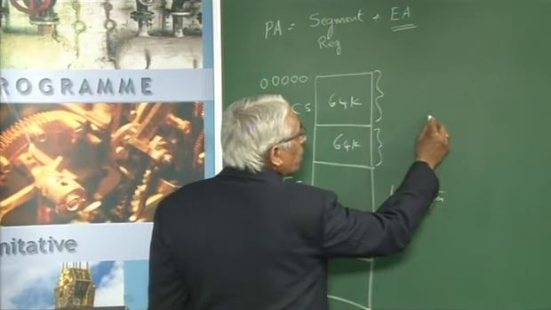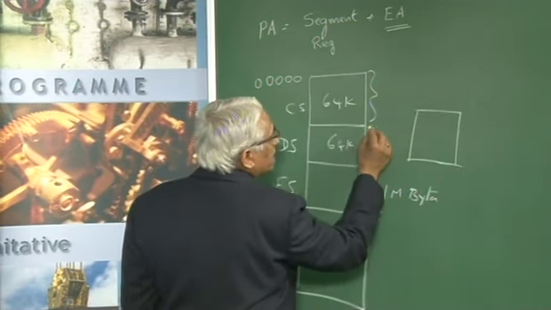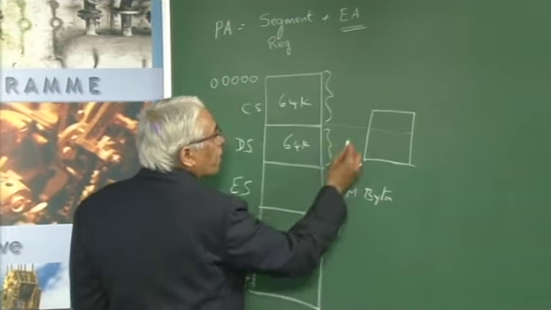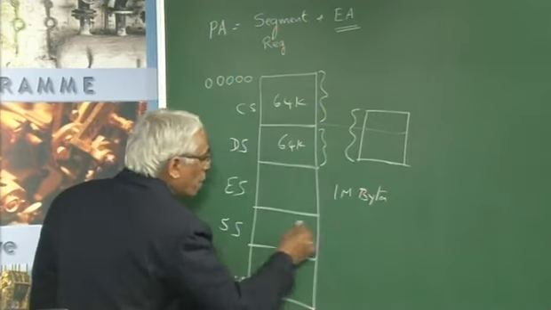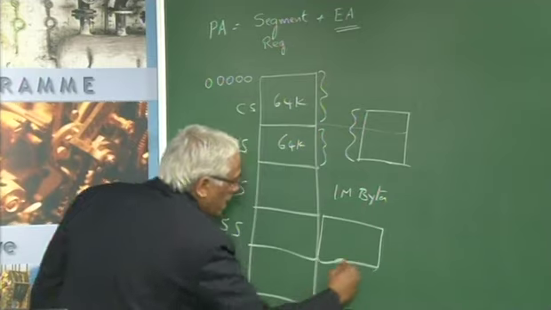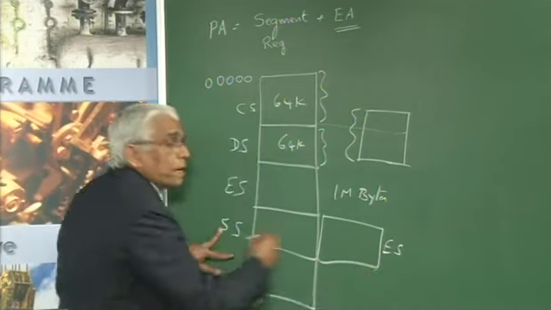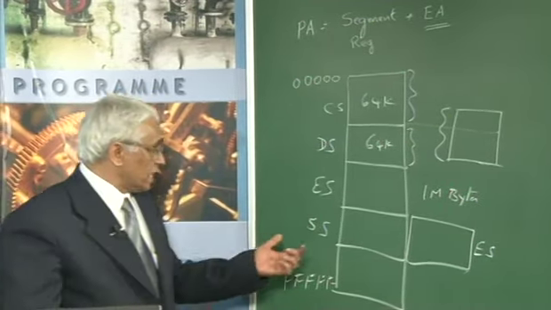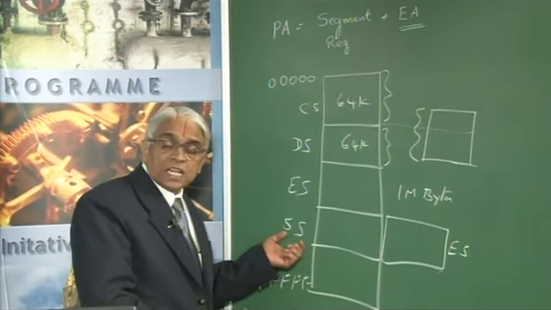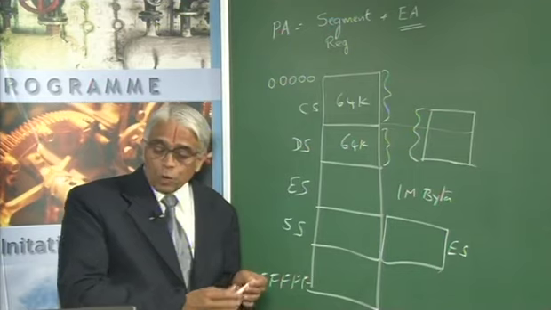When I say it can overlap, I mean that along with the data segment there is an overlap for the code segment. Similarly, we can also have the extra segment and stack segment overlapping. That means if you initialize the segment registers with the same starting address, it is possible that you can have an overlap.